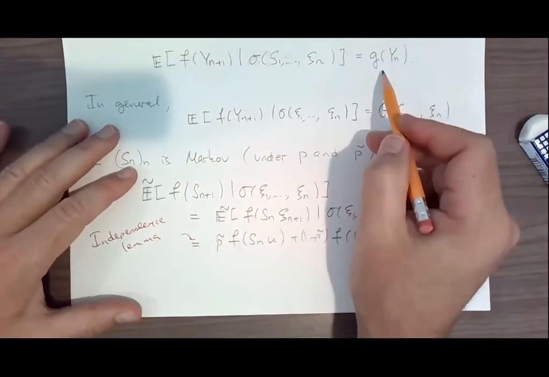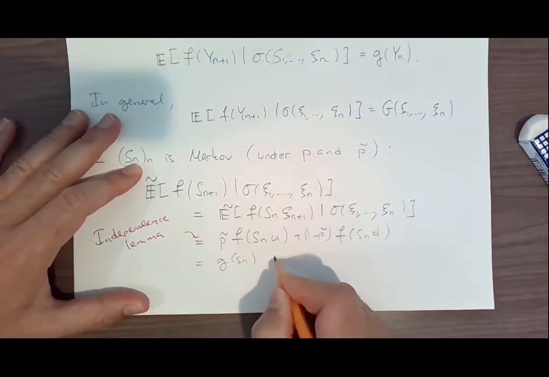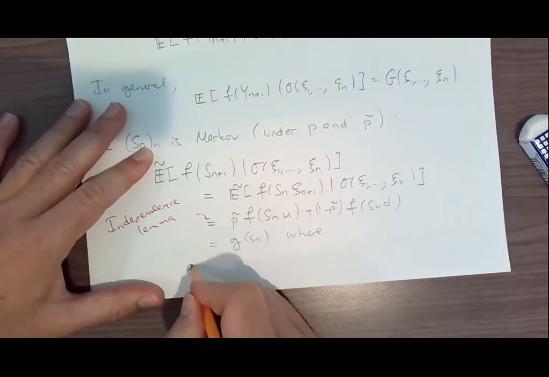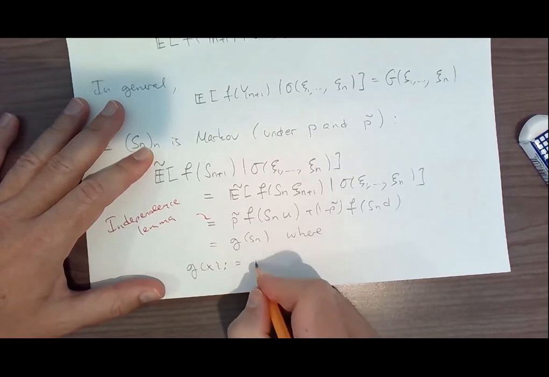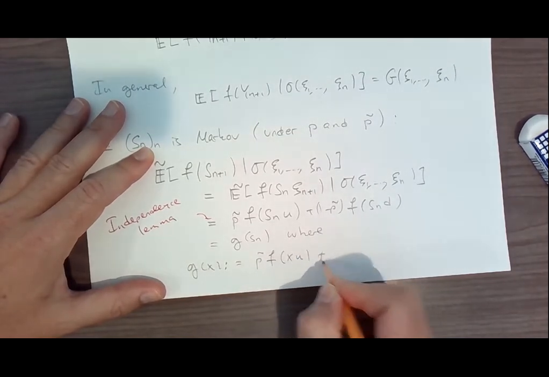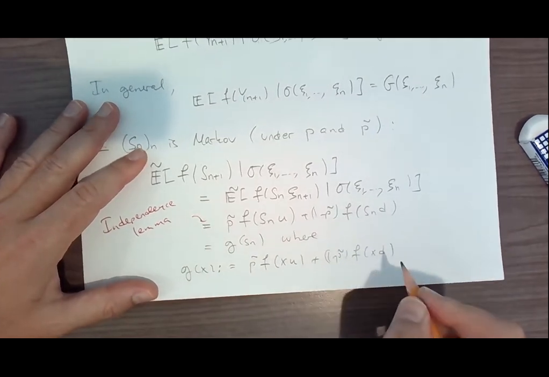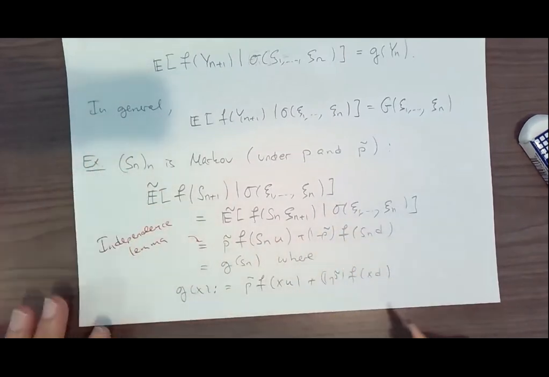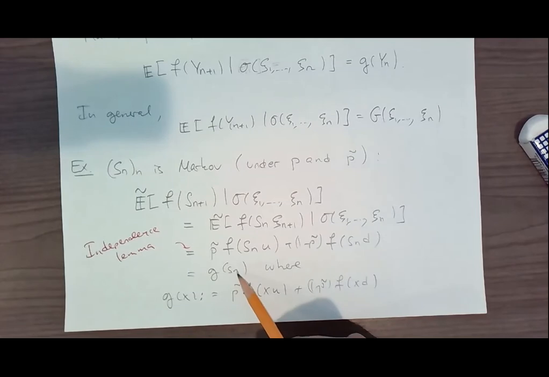And this is your function. This is equal to g of Sn, where g of x is P tilde f of x u plus 1 minus P tilde f of x d. So that's Markov. I only have to keep track of the current value of the stock.